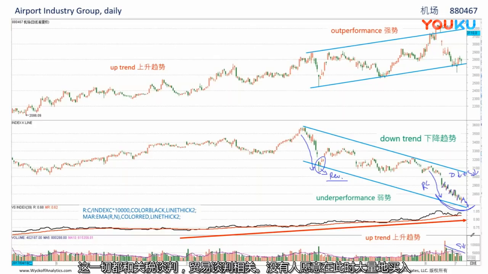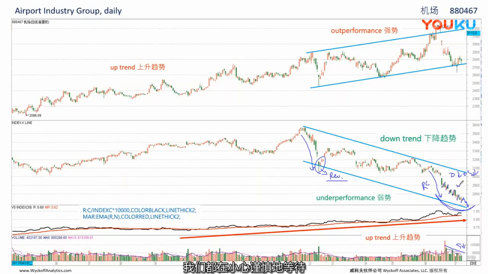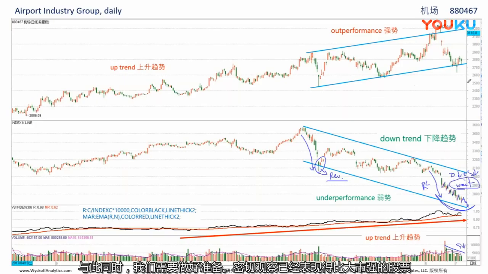No one wants to come into the market and actually buy a significant chunk of the market. So we're in the wait game. Therefore, you have to be careful, you have to wait, and you have to prepare yourself and look at the assets that are already exhibiting some element of strength.